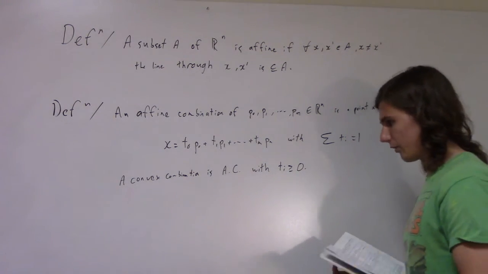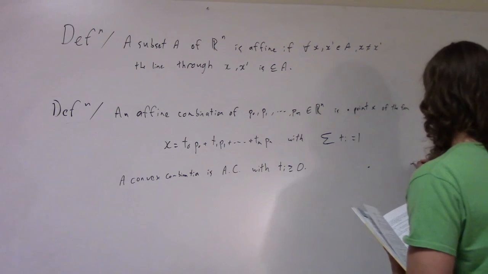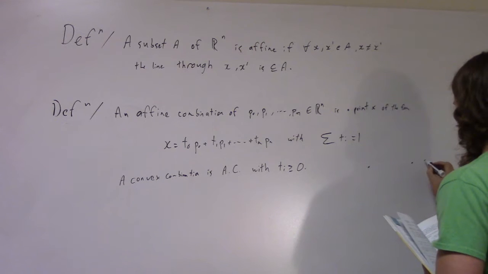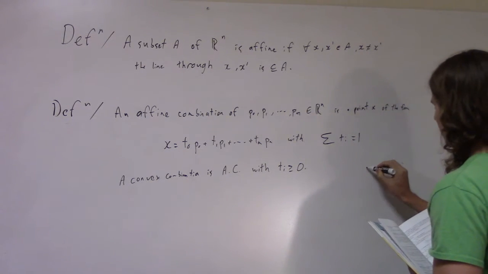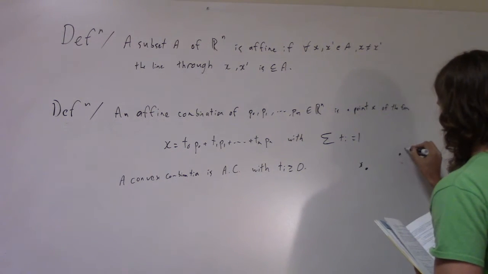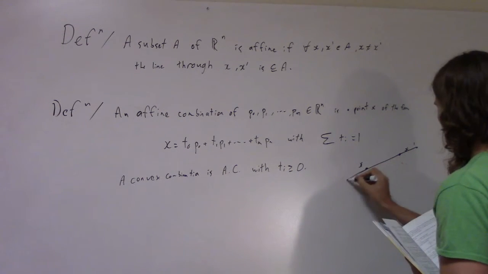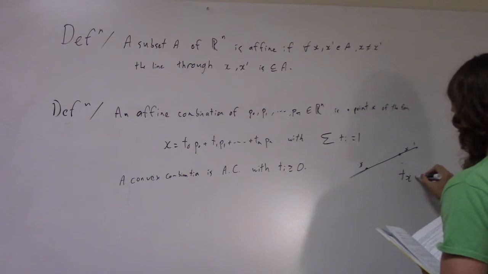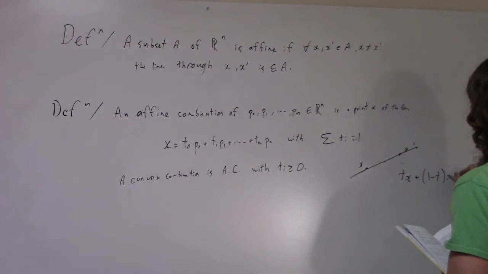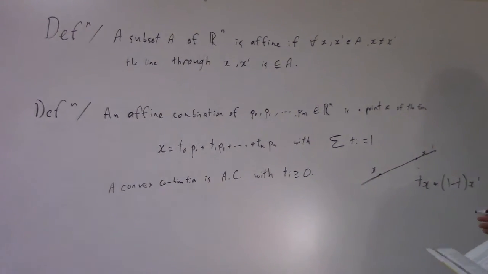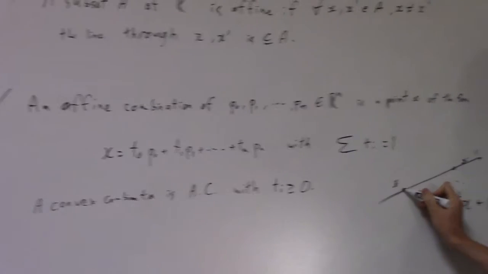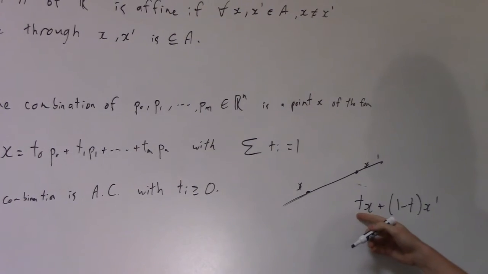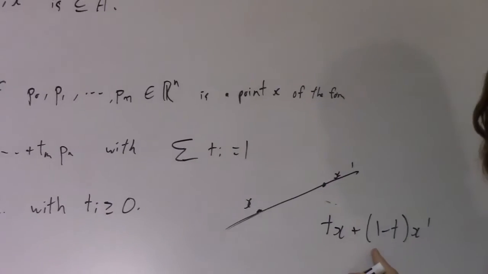So for example, if you have two points x and x prime, the line between them can be represented as t x plus 1 minus t times x prime. But if you want to restrict it to the line segment and not go past either of these points, both of these have to be greater than 0.